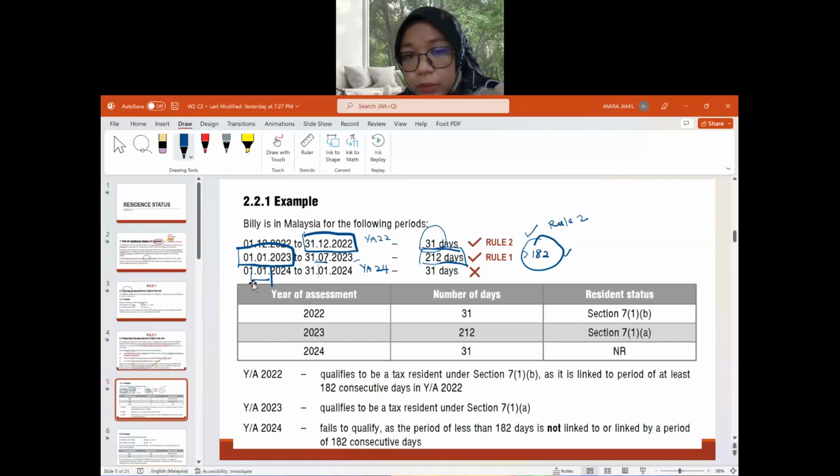So for 2024, he cannot be considered as tax resident because these two are not connected. It's not immediately following. So he cannot be considered as tax resident in YA24, but he is a tax resident for YA 2022 and YA 2023.